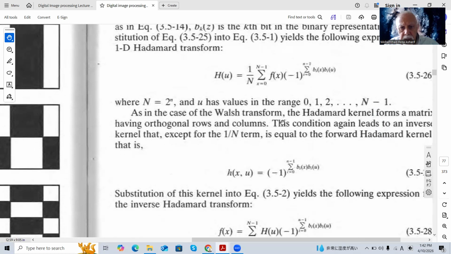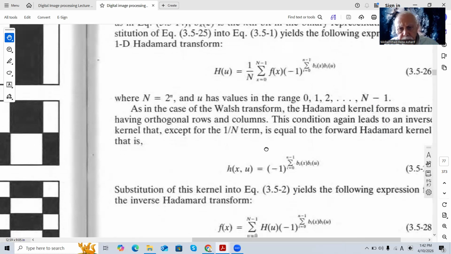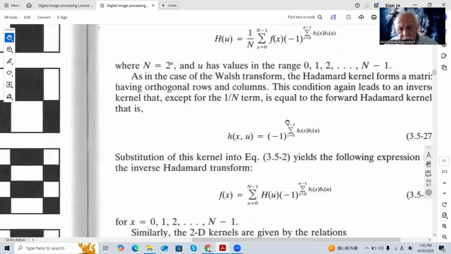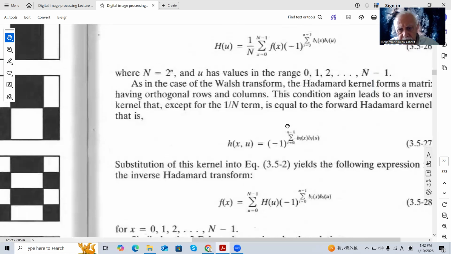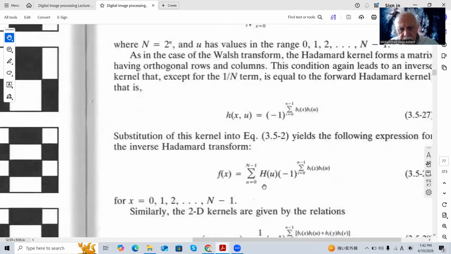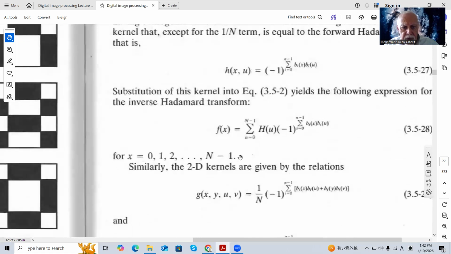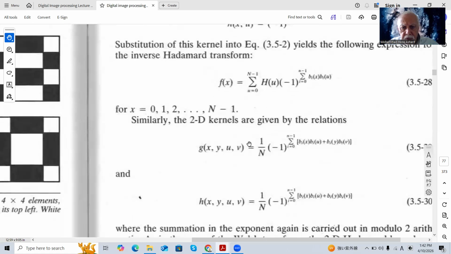And then the inverse transform would be this, which is almost the same. Then from H(u) we can return to f(x), for x from 0 to n minus 1. But this is for one dimension.